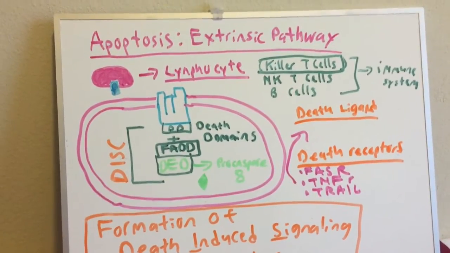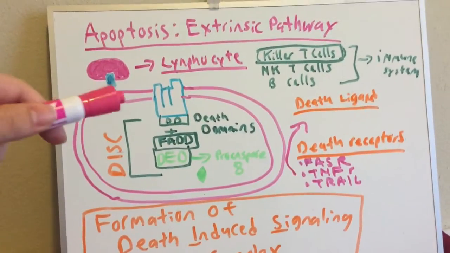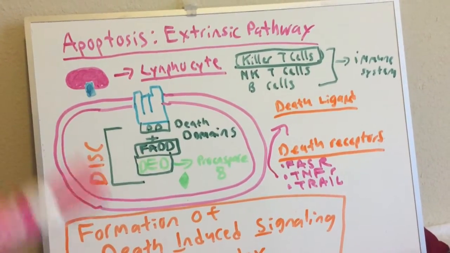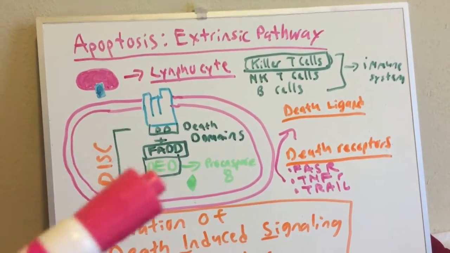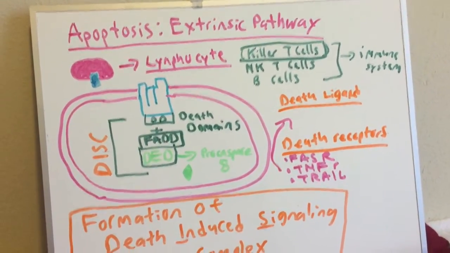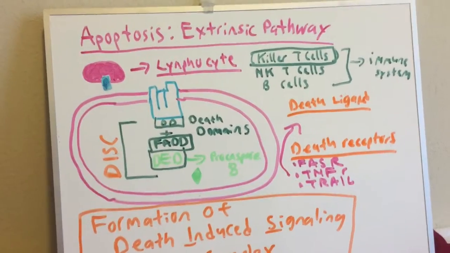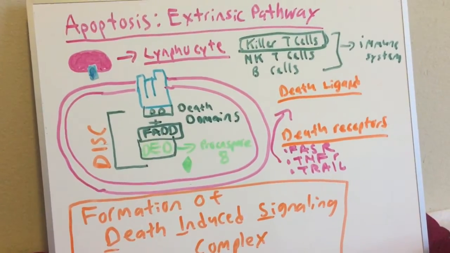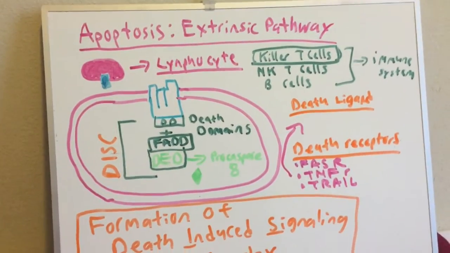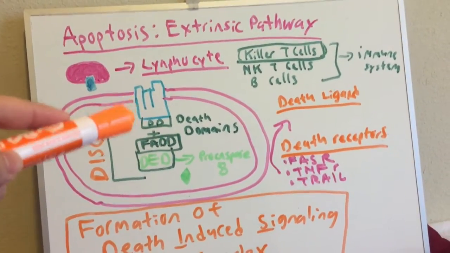It has this little thing that's sticking out. It's meant to be some sort of ligand. A ligand can be some sort of metal ion or element, but it can also be any type of substrate that's binding to some sort of receptor or an enzyme. In this case, the ligand is going to bind to the death receptor of our dying cell.